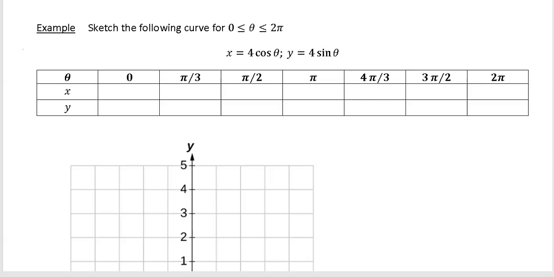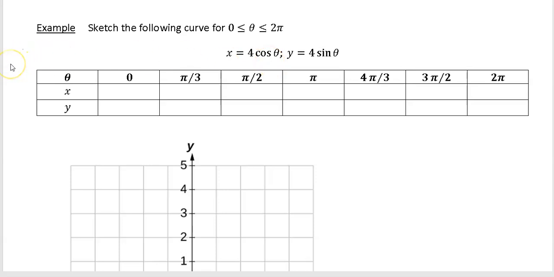Okay, in this next example, we've got one where it involves theta. So theta, generally we'll use theta whenever there's a trig function involved. So here we're going to put all these theta values in for the x, and make sure your calculator is in radians.